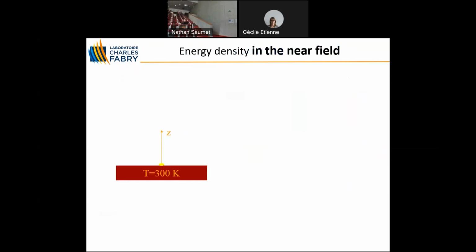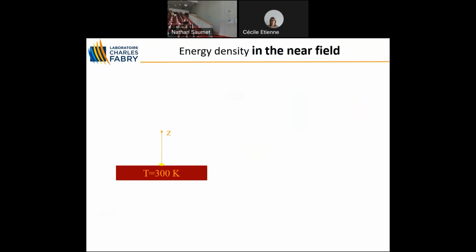Okay, so I'm moving to the near field. What I'm going to discuss now is that there is this body here, which is at 300 Kelvin. And I'm going to ask the question, what's the energy per unit volume as I approach the surface? So here it's the energy per unit volume of the black body in vacuum.